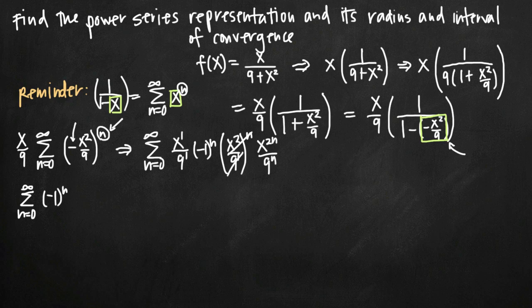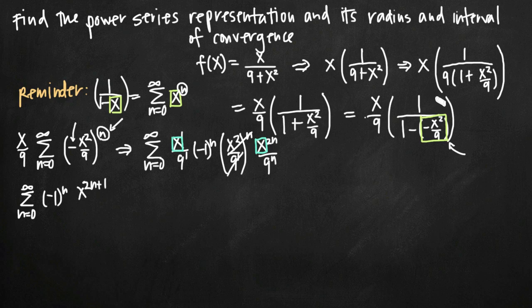So now we have things with like bases that we can combine. So we have here x to the first power, and we have x to the 2n power. Whenever you have two terms with like bases, they both have a base of x, you can combine them as long as you add the exponents together. So we have an exponent here 2n and an exponent 1, so we can combine these and say x to the 2n plus 1.